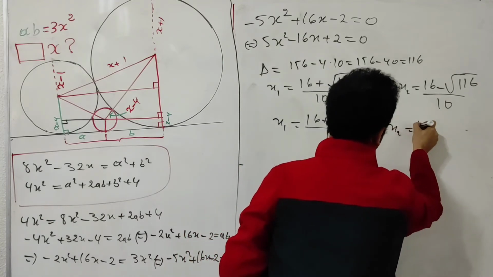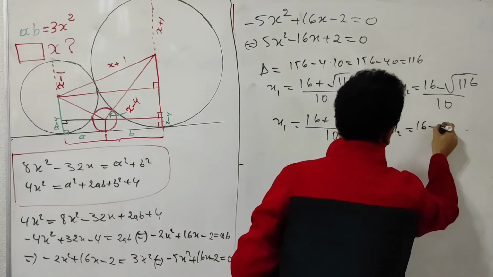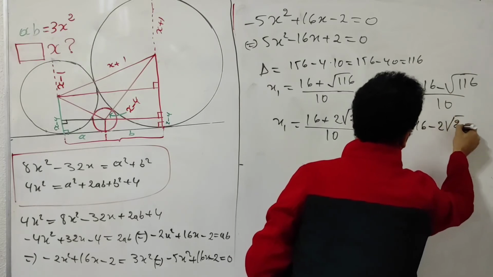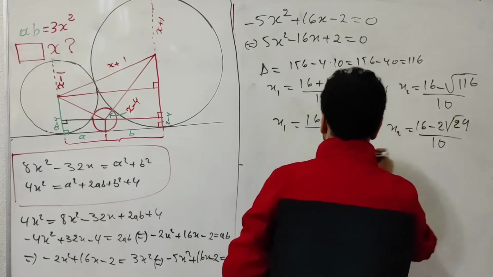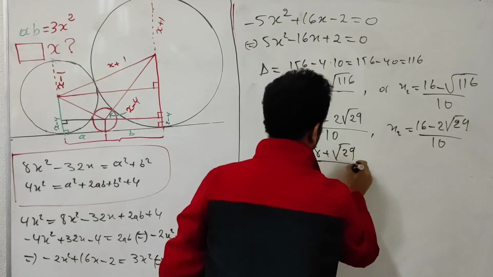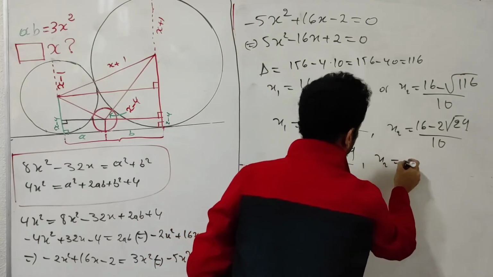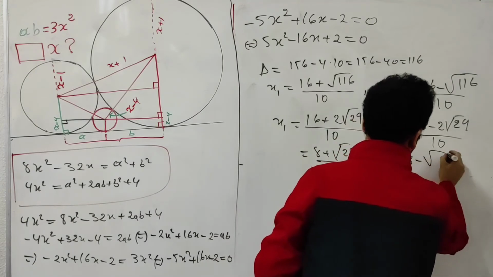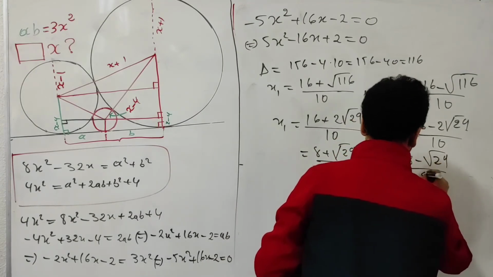The other one I will get 16 minus 2 square root of 29 over 10. So that means 8 plus square root of 29 over 5. The other one I will get 8 minus square root of 29 over 5.